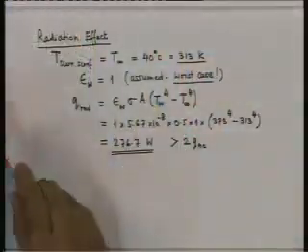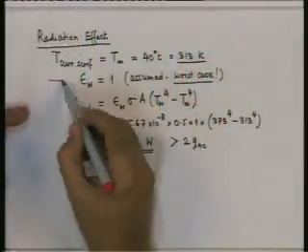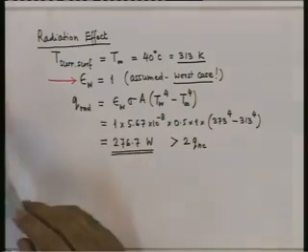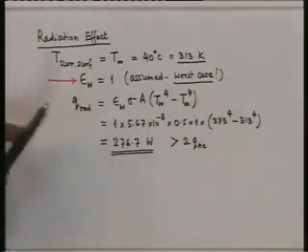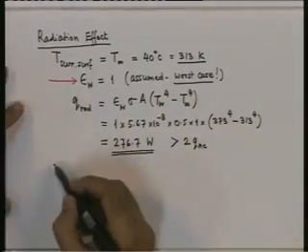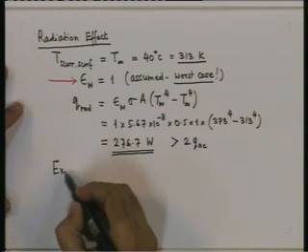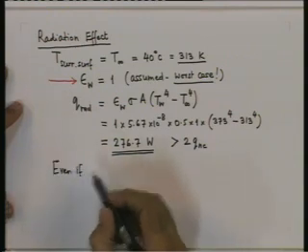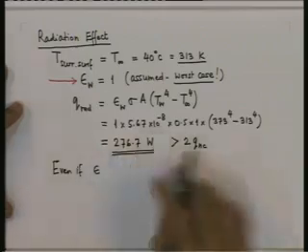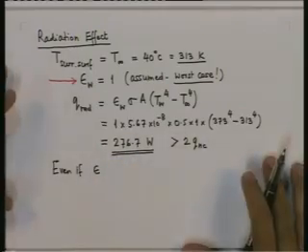Now here we have assumed that the emissivity is 1 as a worst case. Emissivity 1 means it is a properly blackened surface and its emissivity is that of a black body.